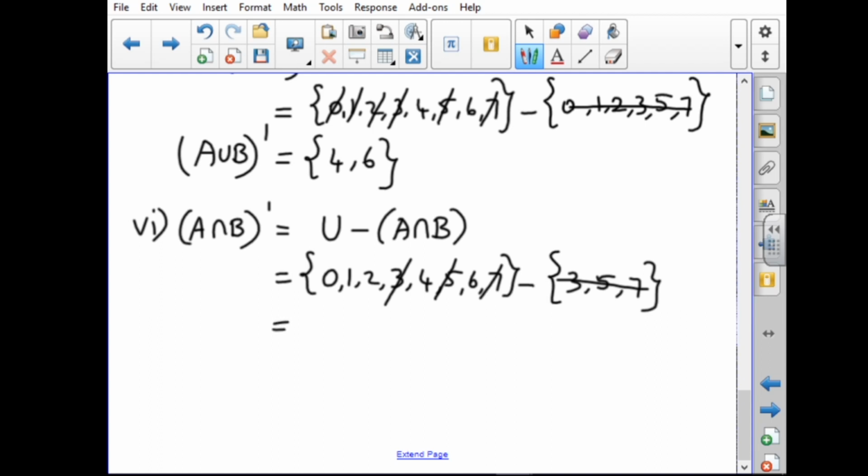So what are the remaining elements? 0, 1, 2, 4, 6. This is called A intersection B whole dash.